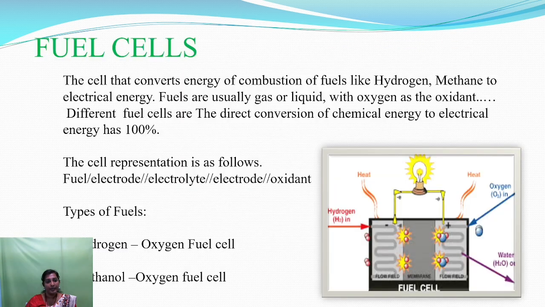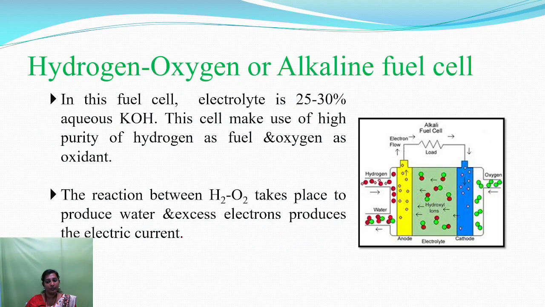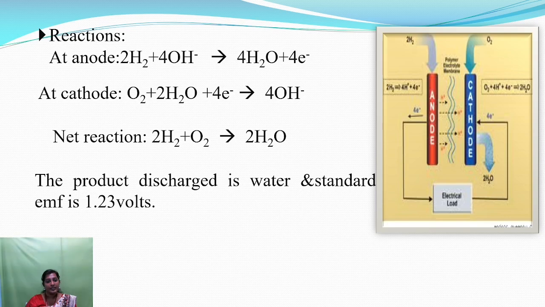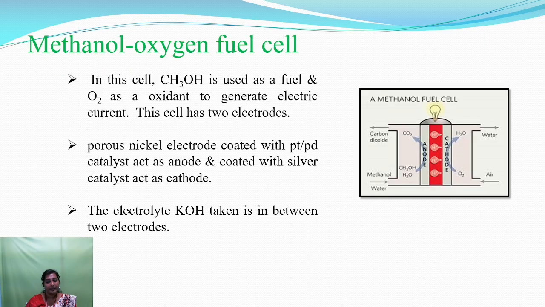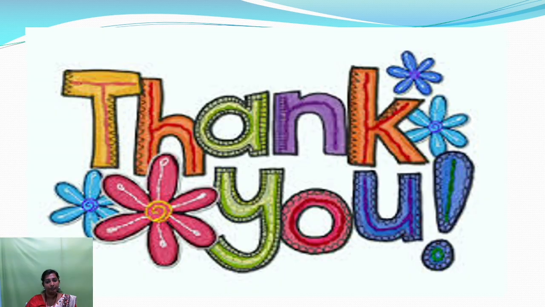In a fuel cell, reactant, product and electrolyte are continuously passed through the cell. These are the limitations of fuel cells. The hydrogen oxygen fuel cell is an example of a flow battery. The methanol oxygen fuel cell is also an example of a flow battery. The advantages of fuel cells are common. Thank you.